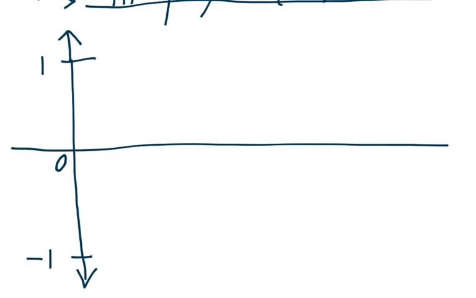Okay, so now what I'm going to do is graph it. So let's do that. Here's 0. We'll make that 1, negative 1. And again, we're going to graph it on the interval from 0 to 4 pi. Here's our step pi, right? 2 pi, 3 pi, 4 pi. That's good.